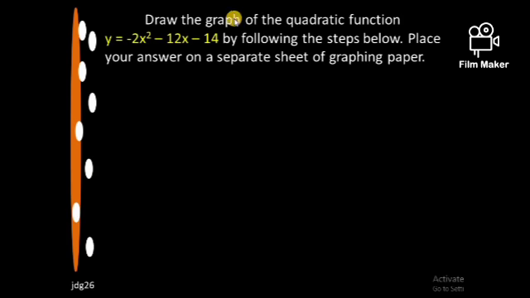Let's have another example. Let us draw the graph of the quadratic function y equals negative 2x squared minus 12x minus 14 by following the steps below, and place your answer on a separate sheet of graphing paper. So, expected na kayo po ay mayroong graphing paper na hawak. And then, let us try.